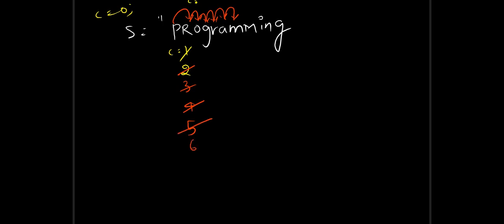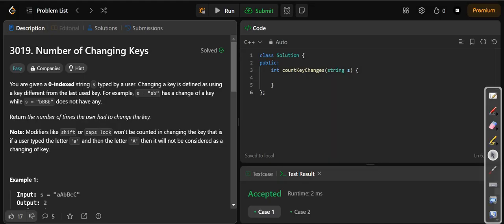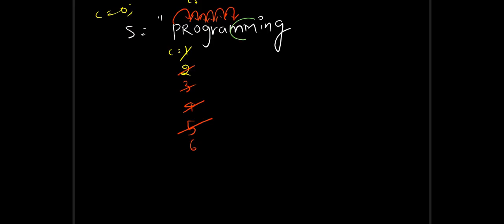Here in the problem statement, once again I am repeating, if a user typed a letter small a and then the letter capital A, then it will not be considered as a changing key. That means we shouldn't consider it as changing the key. Here no change, so count is not increasing.